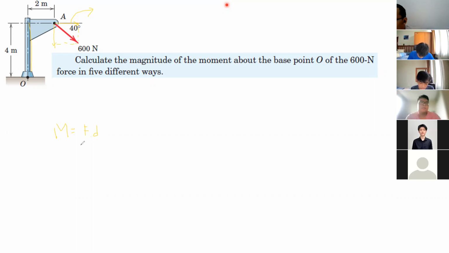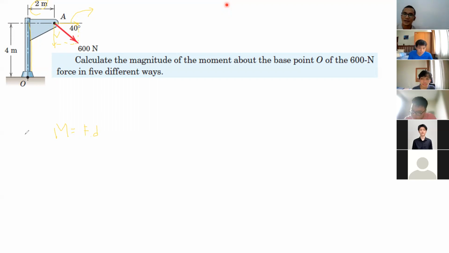The horizontal one will cause a moment after we multiply the horizontal force with 4 meters, the vertical distance. And the vertical force will cause a moment as well by multiplying with 2 meters. Right? This one I will discuss later in Varignon's theorem.